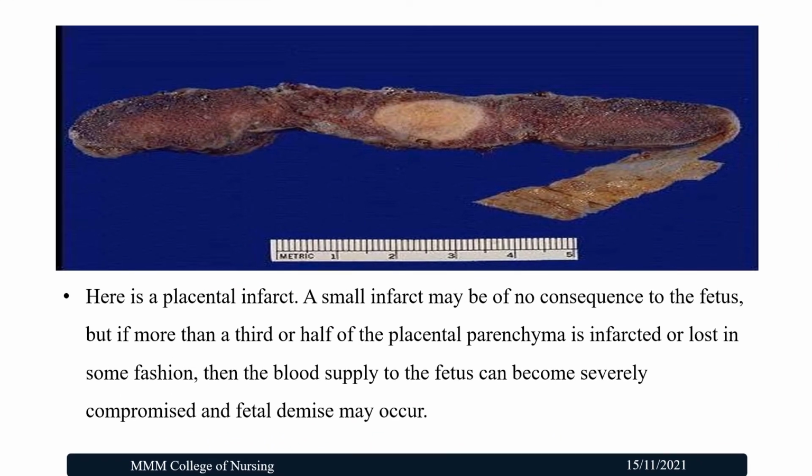Here you can see the placental infarct very clearly. A small infarct may be of no consequence to the fetus. But if more than a third to half of the placental parenchyma is infarcted or lost in some fashion, then the blood supply to the fetus can become severely compromised and fetal demise may occur because of the placental infarct.